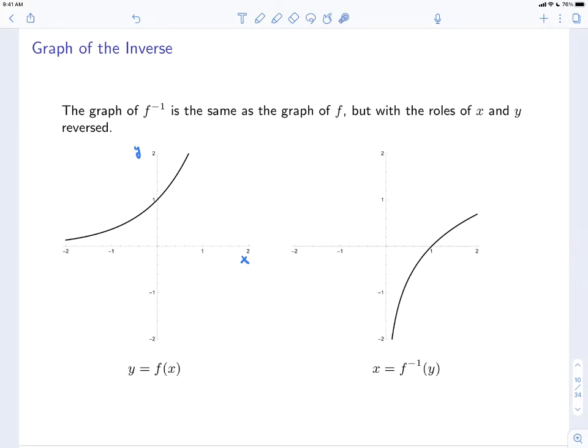Now in the other picture, the one on the right, that's not true anymore. Now the x-axis is the vertical axis, and the horizontal axis is y. So this axis, the positive x-axis on the left, corresponds to the positive vertical axis on the right.